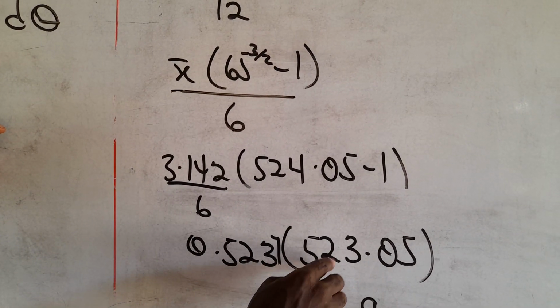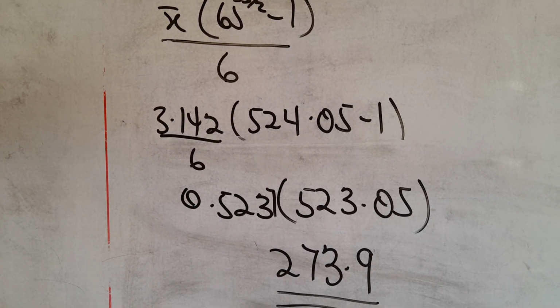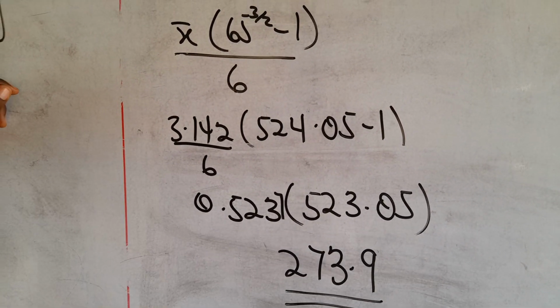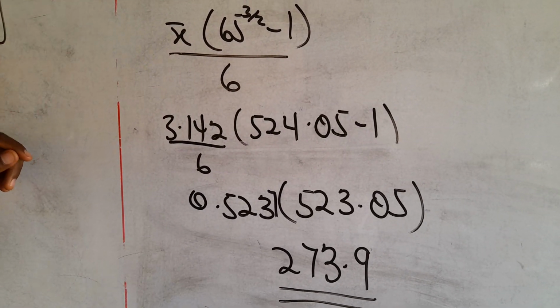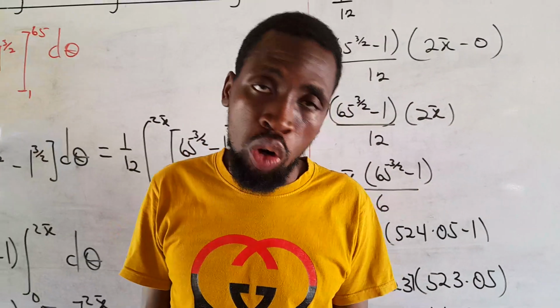When we multiply 523.05 by 0.5237, we'll get 273.9, correct to 1 decimal place. Then this becomes our surface area. I hope you get that. When you practice more of this, you understand.